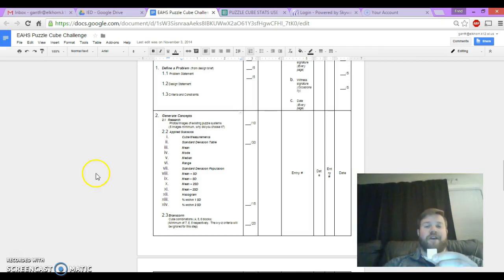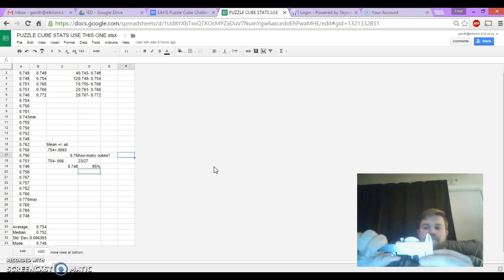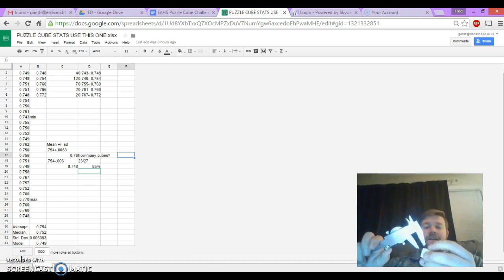What you should do, as you can see here, is I measured 28 of them. If you grab your caliper, and mine was just locked in here, we're just going to zero it out, measure it, and get a measurement.